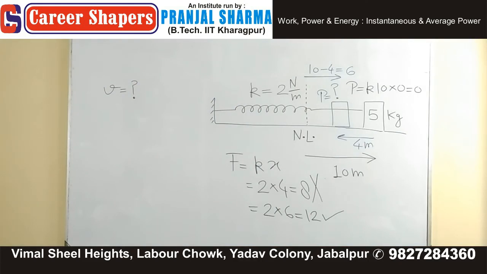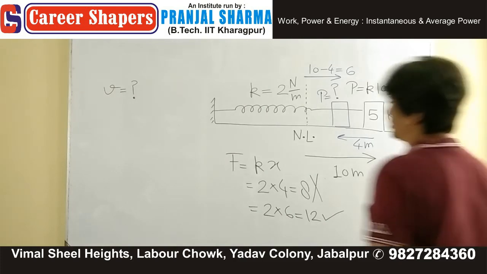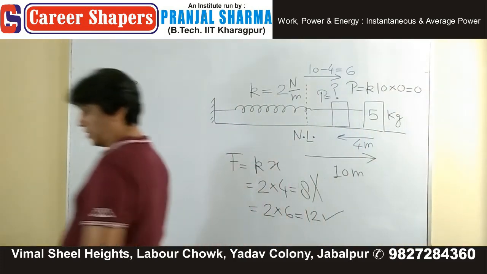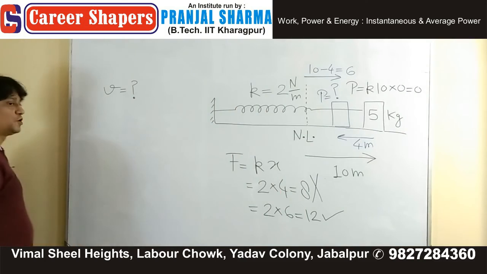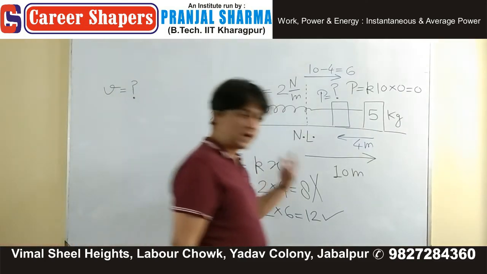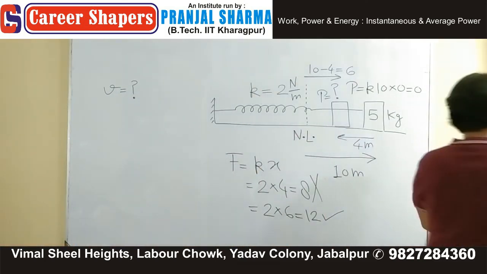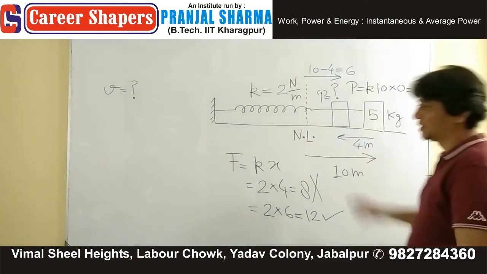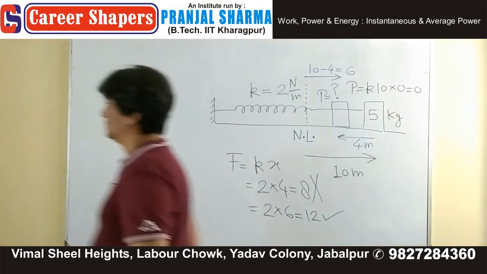Who can tell me? I need V. What is the approach which I can use if I want the value of V? Can you name that approach? Can you write down the approach? Sir, do it like this and it will come out.